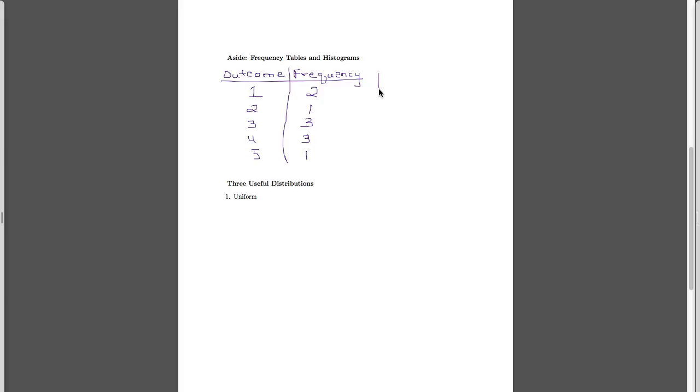So a bar or column graph represents categorical data, whereas histograms represent numerical data. And since we're recording the number of people in a household, this is numerical data. Sometimes that's called quantitative data. So I'm going to write down all of the possible outcomes along the horizontal axis.